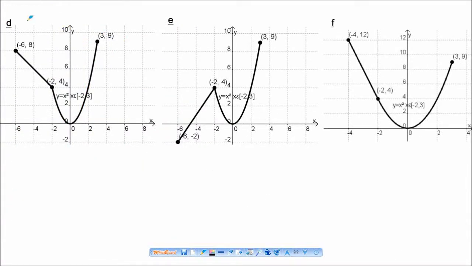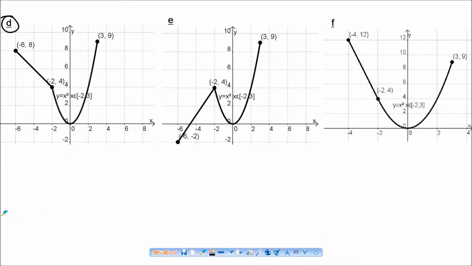Now let's look at question D. In question D, it is a continuous graph. We have a parabola from -2 to 3, and a straight line from -6 to 2.